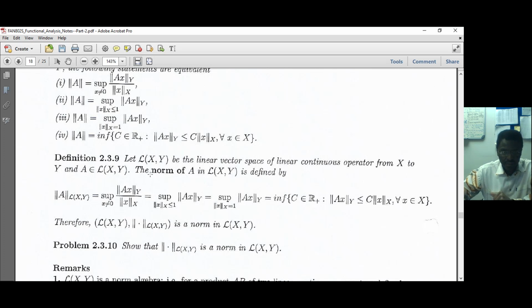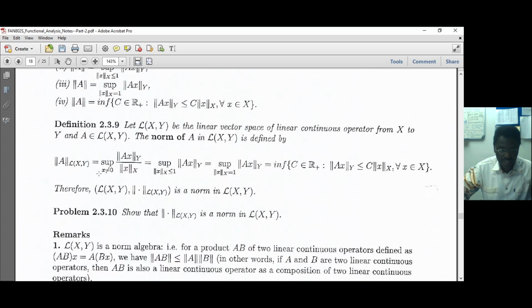And now the norm of an element in that space is defined by this. We know already from a previous theorem that you can use this for the norm, you can use that for the norm, or you can use the inf of the constant C such that this is true for the same norm.